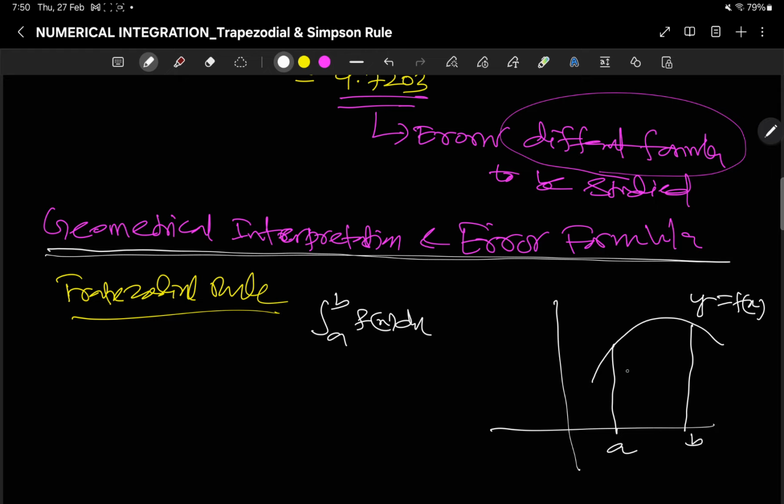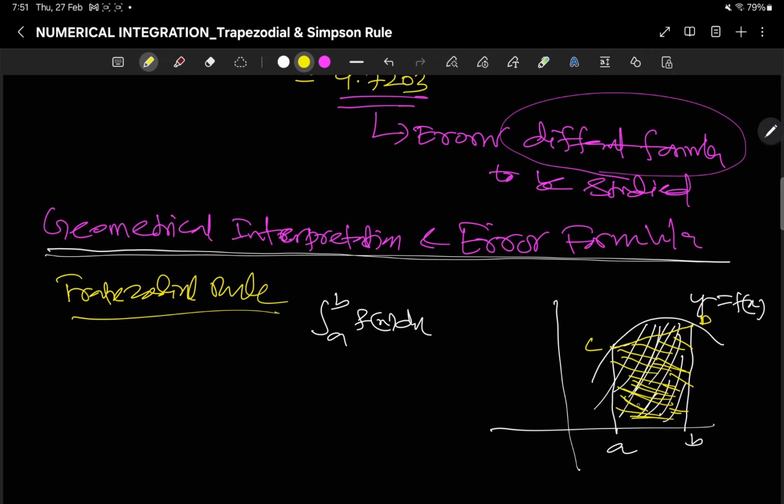You are asked to find this area, but what we are doing by the trapezoidal rule is just joining a chord here. Let it be my C and D. So now we just find the area of this trapezium.